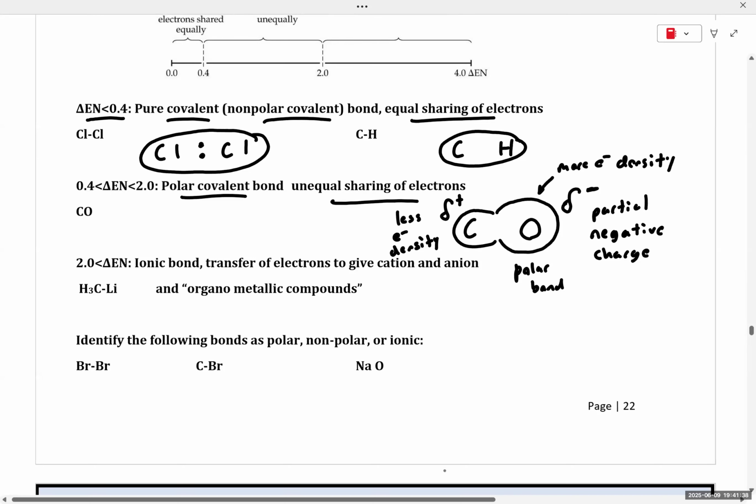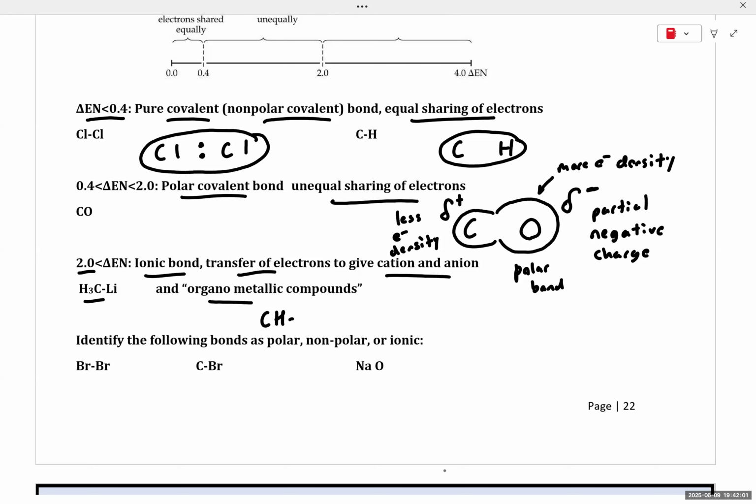One thing to note here, we're still sharing electrons. And this is important as a lead into the next case, where if the difference in electronegativity gets above 2, you start to cross into the realm of an ionic bond, where there's really a transfer of electrons to give a cation and anion. Examples of this are alkyl lithium and organometallic compounds.